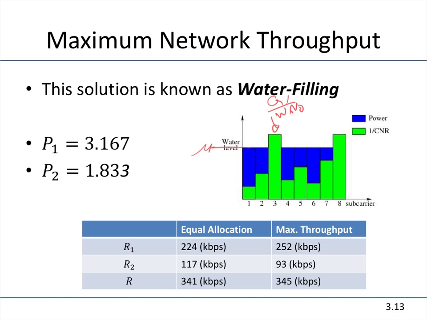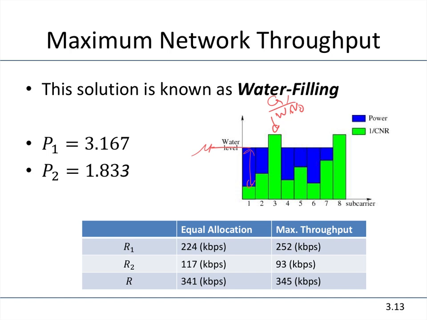So it's not feasible. This user has a really bad channel. I cannot give him any transmit power that will get him any rate. So in that case, I assign 0 transmit power. And then I assign transmit power based on the difference between mu and this gain.